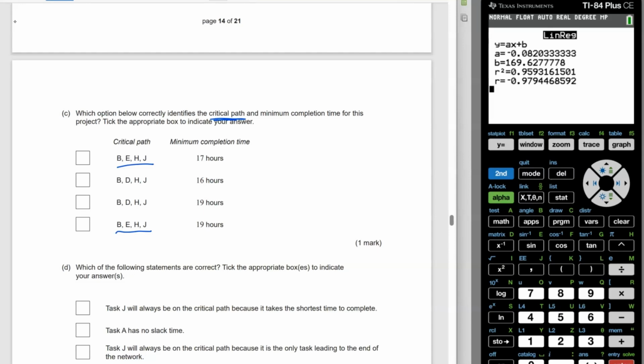I'm going to go to the task time that it has, and going through that list, I can see it's 6 for B, 6 for E, 5 for H, and J is going to take 2. So 6 plus 6 is 12, plus 5 is 17, plus another 2 gives me my 19 hours.